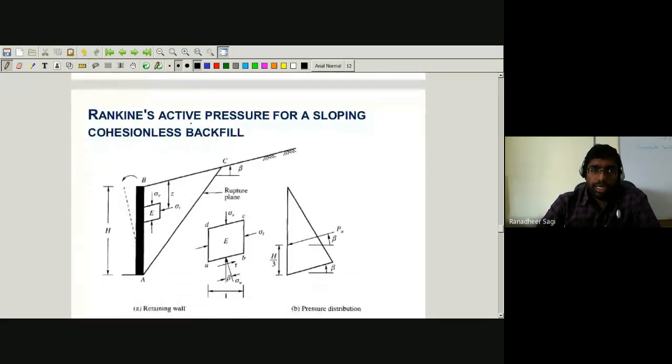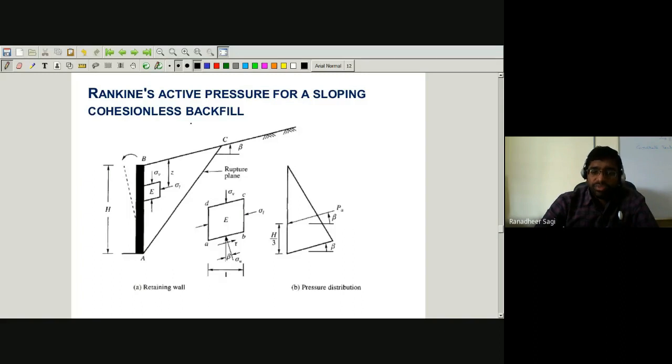So in all our earlier cases, either in the active state or passive state, for purely cohesionless soil, purely cohesive soil or C-phi soil, we have been talking about a vertical retaining wall with smooth backfill, with the backfill horizontal.